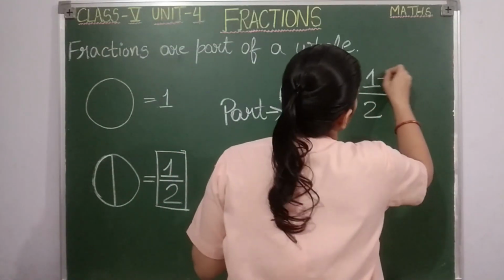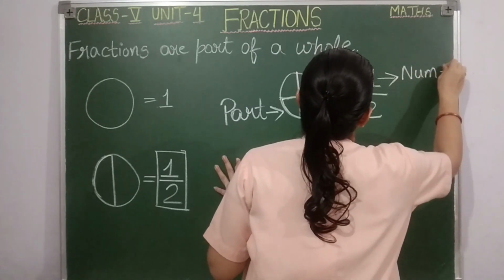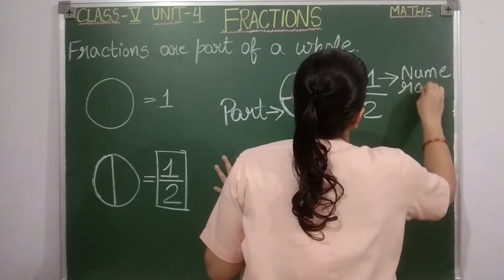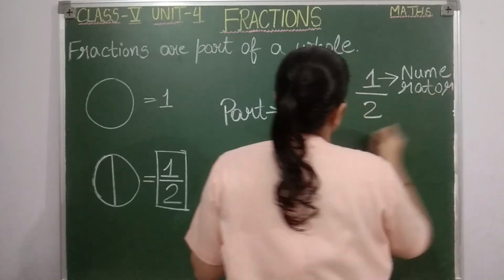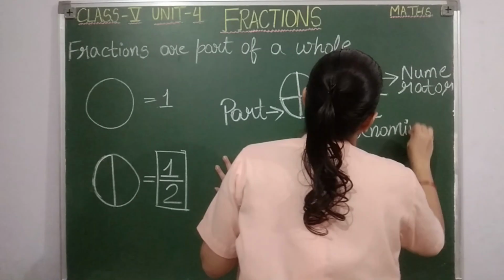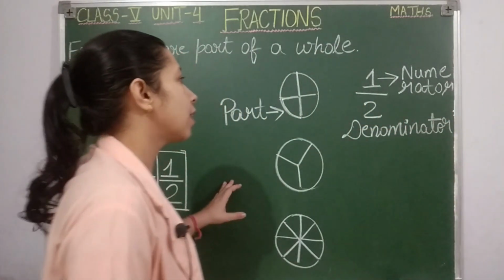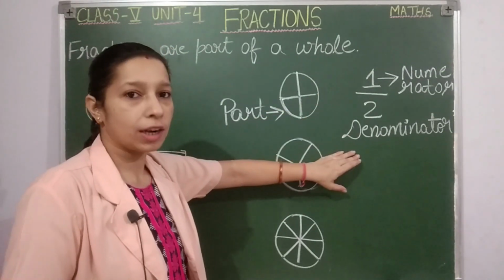The number which you are writing at the top is known as numerator, and the number which is written below is known as denominator. So a fraction is expressed in the form of numerator upon denominator.